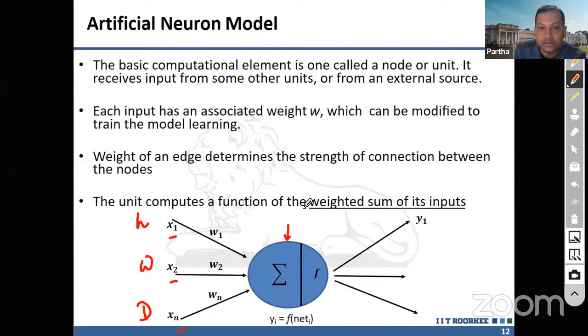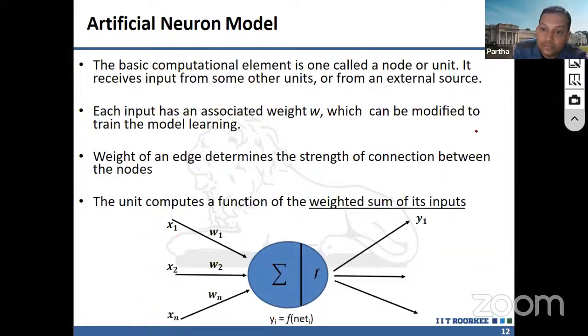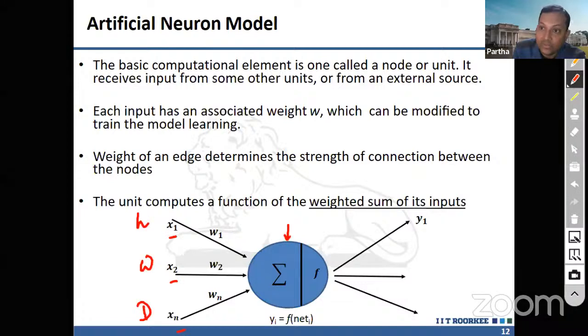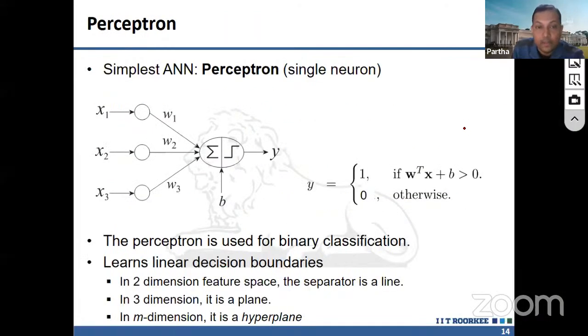The weight determines the strength of a feature, meaning how important that feature is, and accordingly the weight is modified. In this perceptron, we have seen two things, weights and bias. We are going to see how these weights and bias can be decided, how we can learn and train them.